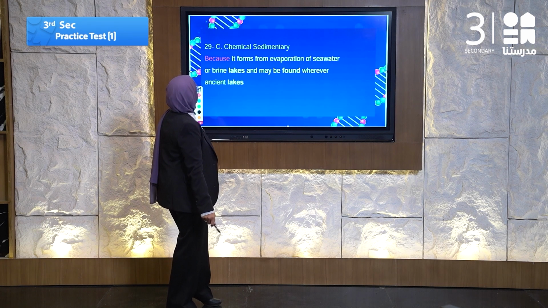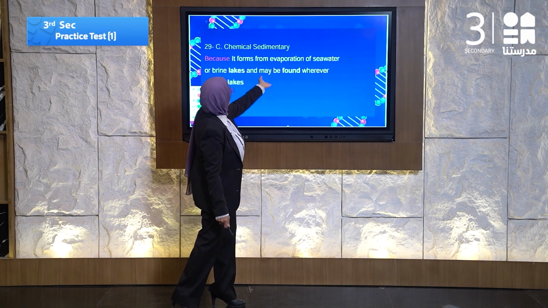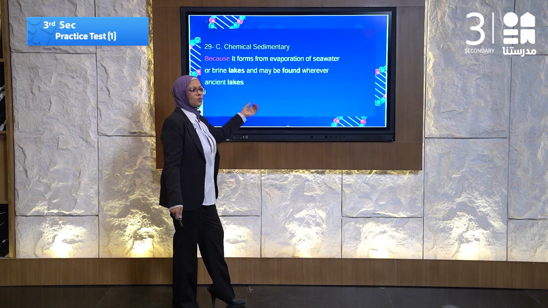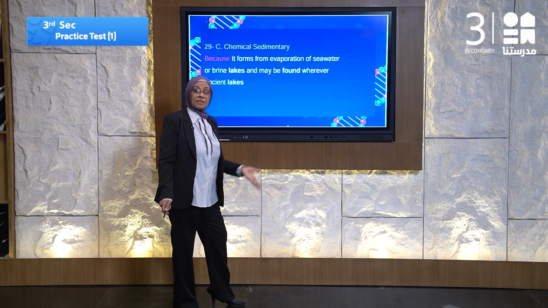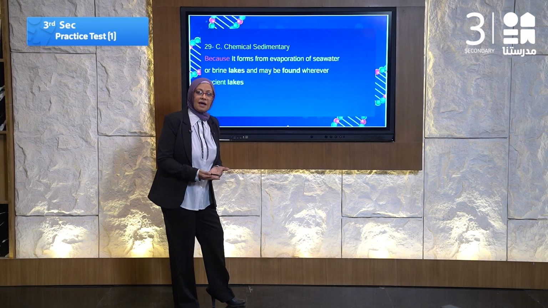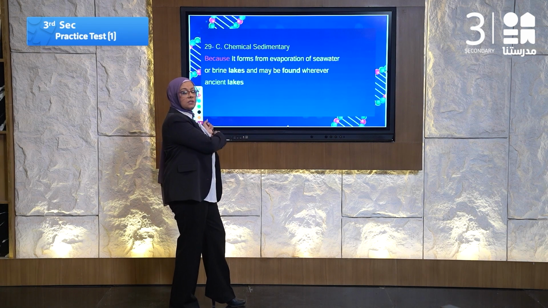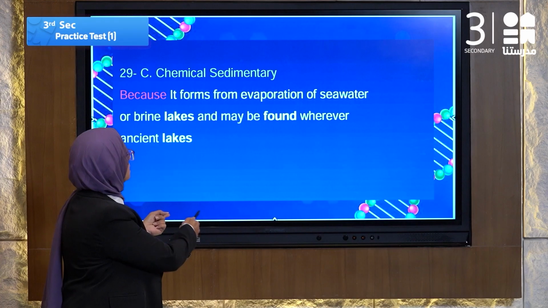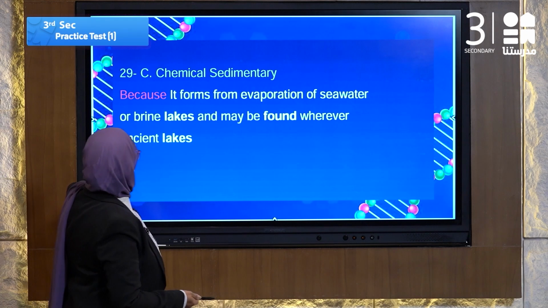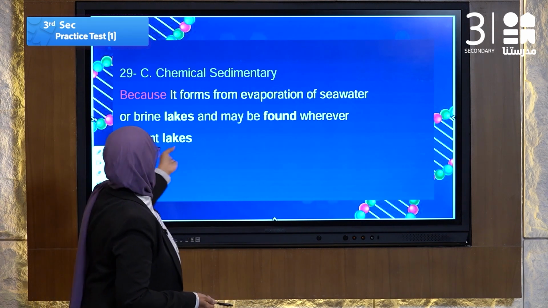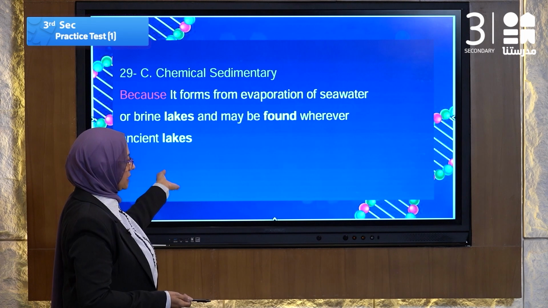Because it formed from the evaporation of sea water. That was a lake, and there are many types of lakes, some salty and the others fresh. So this lake was salty water like sea water or a brine lake, and may be found wherever there were ancient lakes.